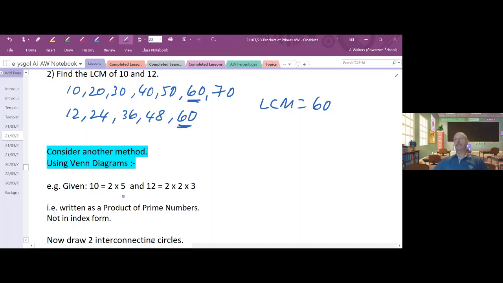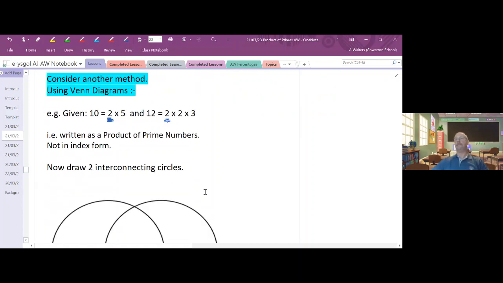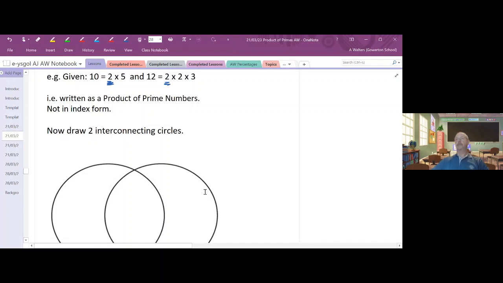So what we do is we highlight or underline the common factors, and then we draw 2 interconnecting circles, like Venn diagrams. Okay, and what I do is I place the number 2 in the center because it's common to both.